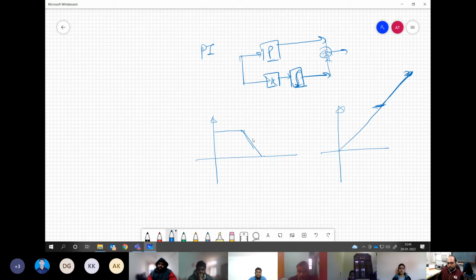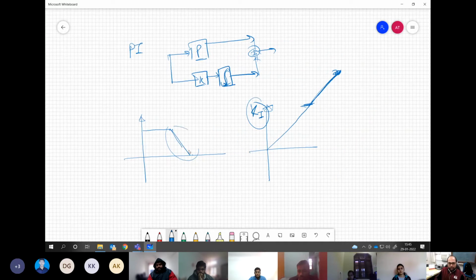Because integration means whenever the value is positive, this will keep increasing. You understand my point, right? Yes, sir. So I am talking about the output of Ki and the integrator. Now, by the time this error has gone to 0, this is already at a much higher value.